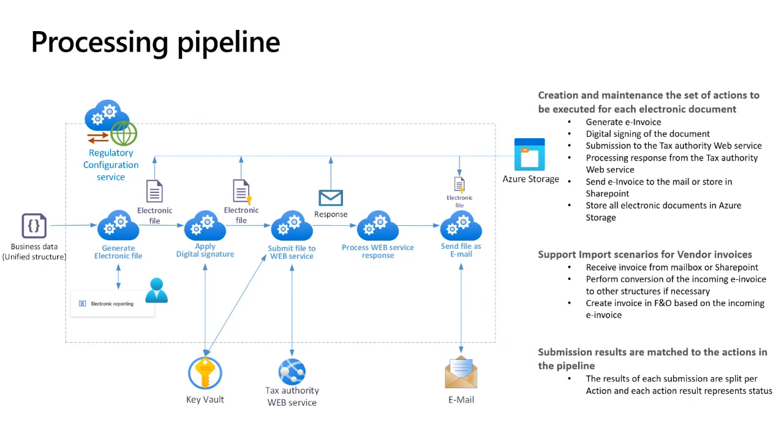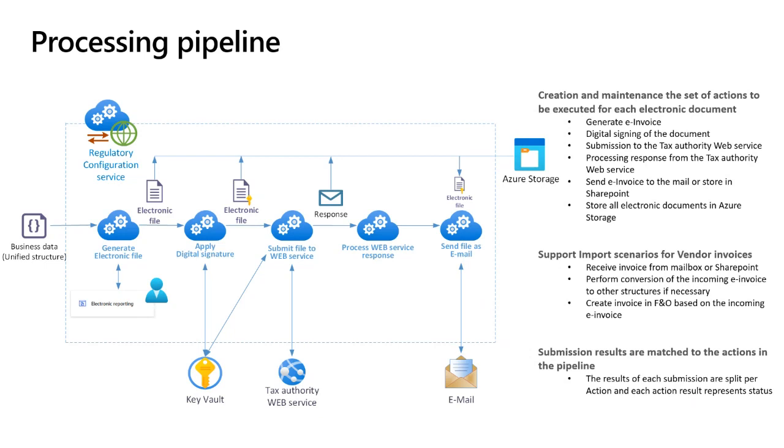Besides the generation of the file, in most scenarios you will need to do certain steps with these files. With the regulatory configuration service, it is possible not only to use actions and processing pipelines provided by Microsoft as templates, but to create your own pipelines, reusing these actions and building a process that will satisfy your business requirements.